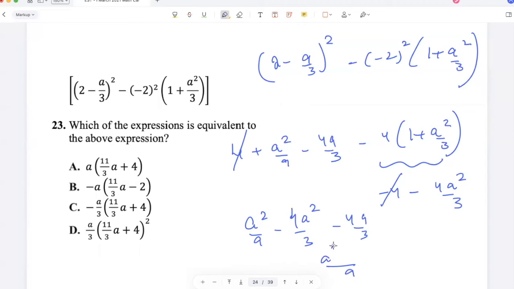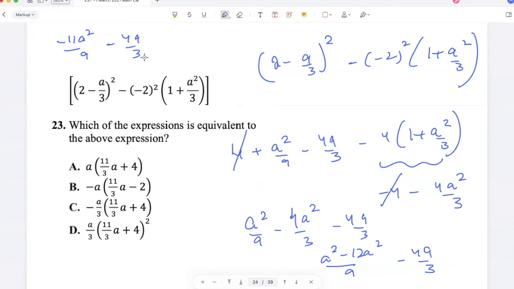So a squared minus 12a squared minus 4a by 3. So let me write here, 1 second. So I get minus 11a squared by 9 minus 4a by 3. Okay, now what can I take common?